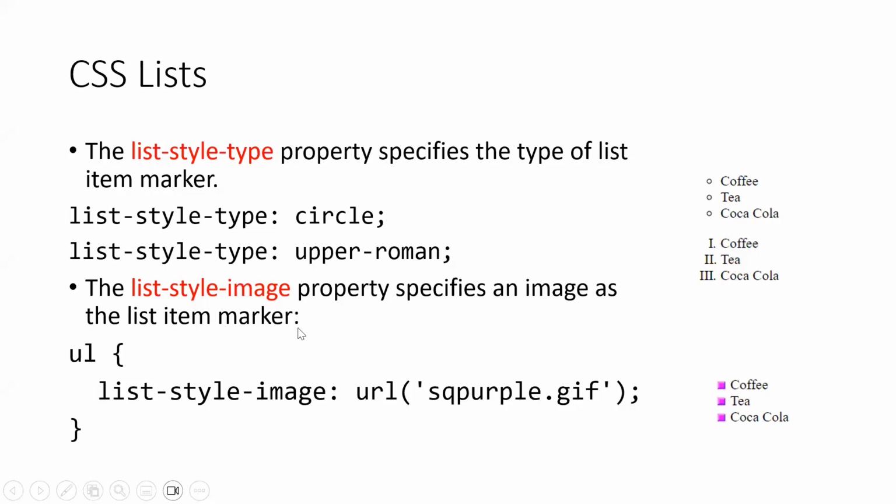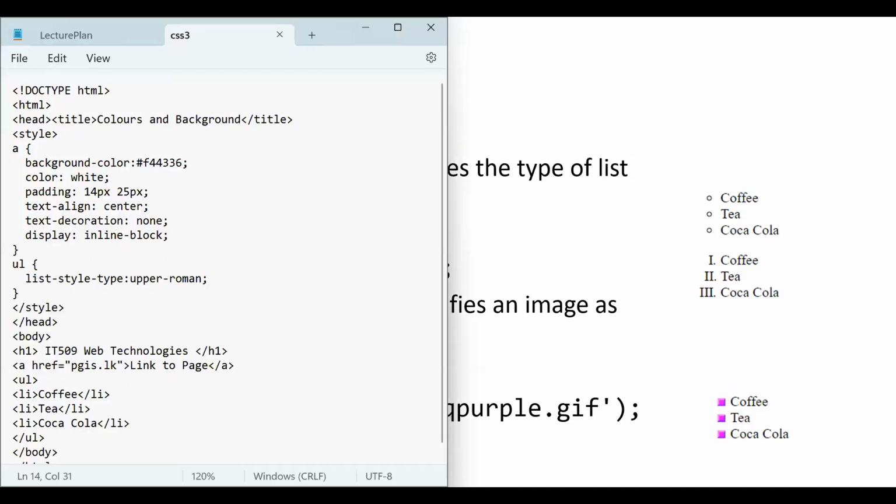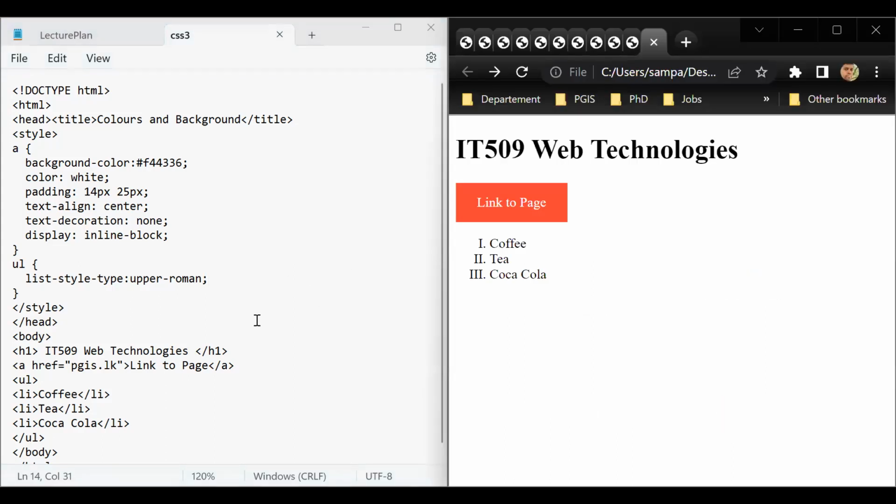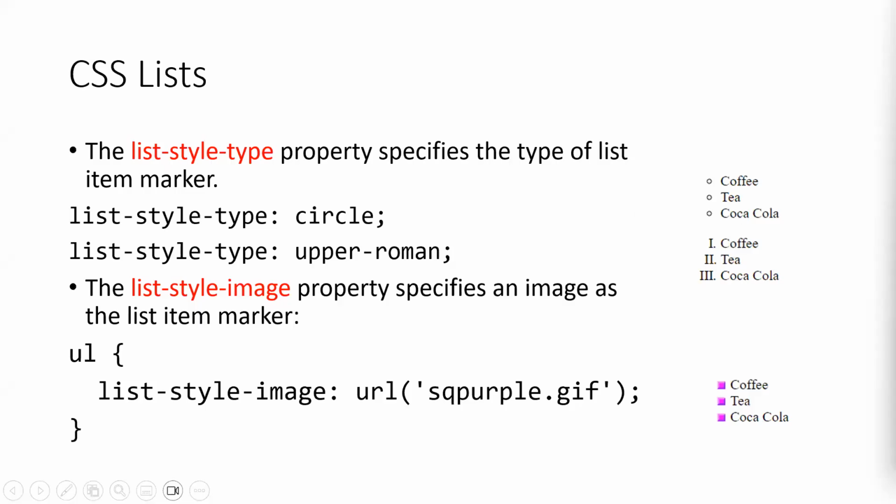Right now, what I'm going to do, I'm going to change it to style. So here is what I have right now. In the code, instead of that, I'm going to have CSS.